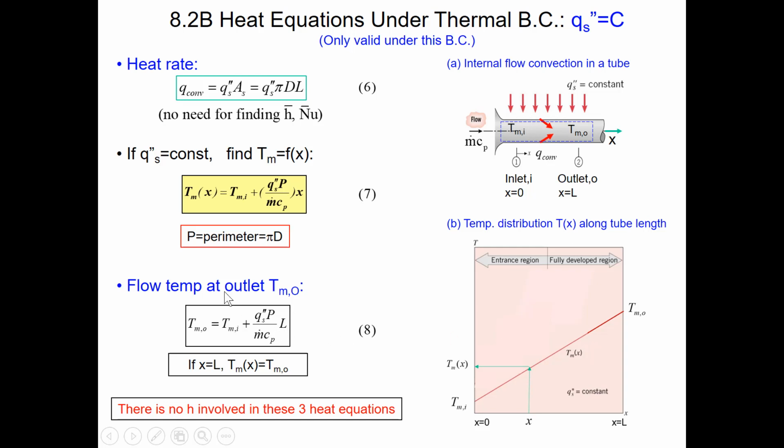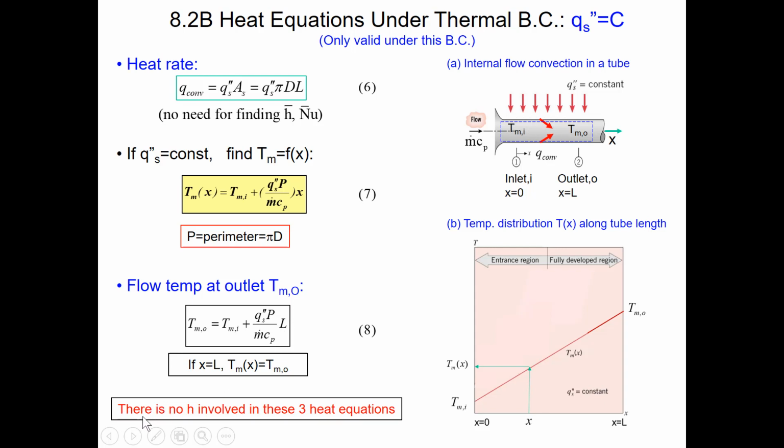If you're interested in the flow temperature at the outlet, equation 8 relates the flow temperature at the outlet Tmo to the flow temperature at the inlet Tmi and the constant heat flux, perimeter P, mass flow rate m dot, the specific heat Cp, and location L.